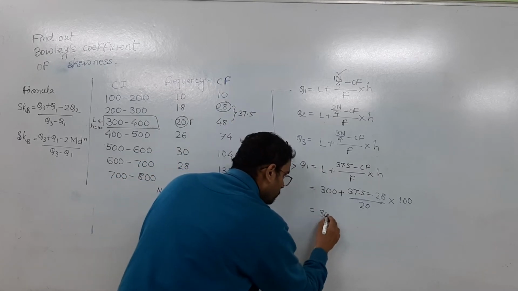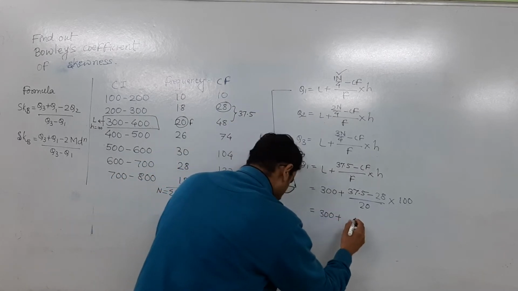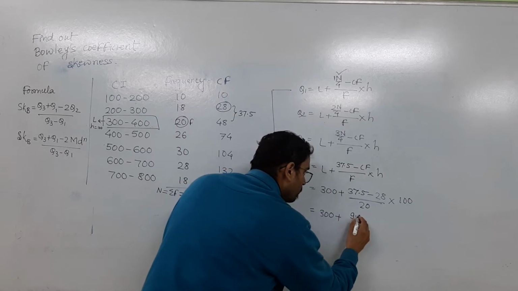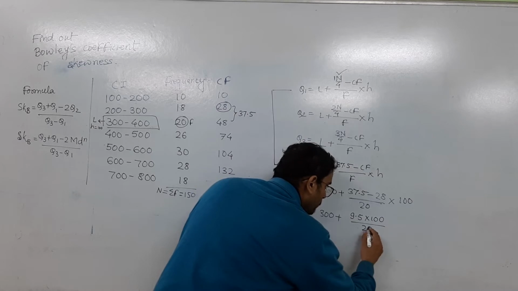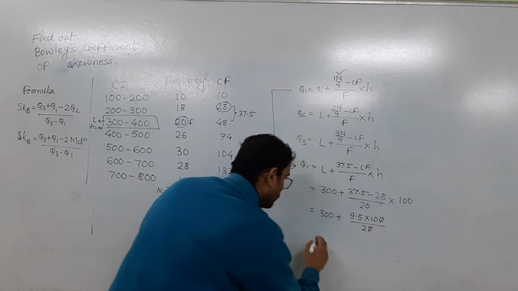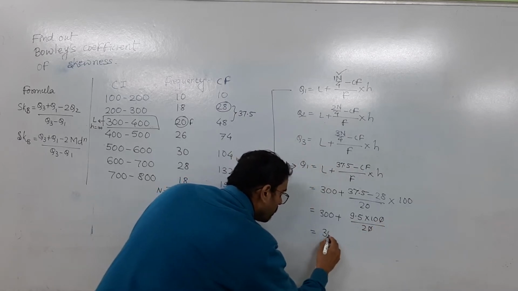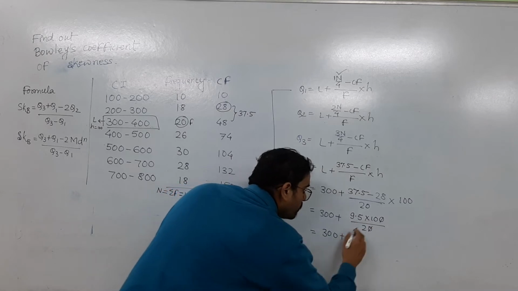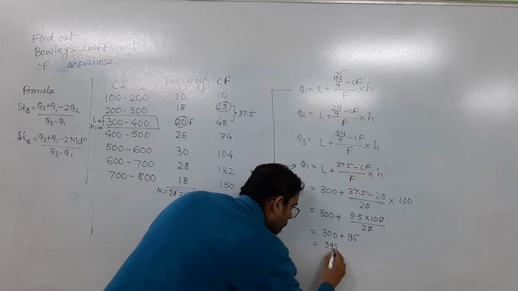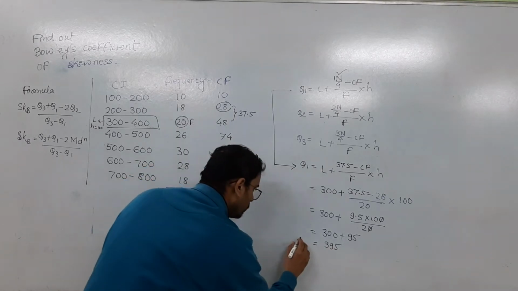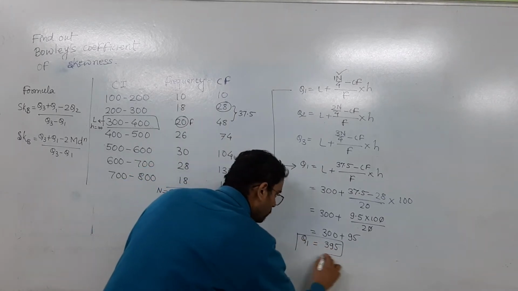So 300 as it is, plus 9.5 into 100 divided by 20. So you can directly calculate: 300, 9.5 into 10, so that will be 95. So 395 will be Q1. We got Q1.